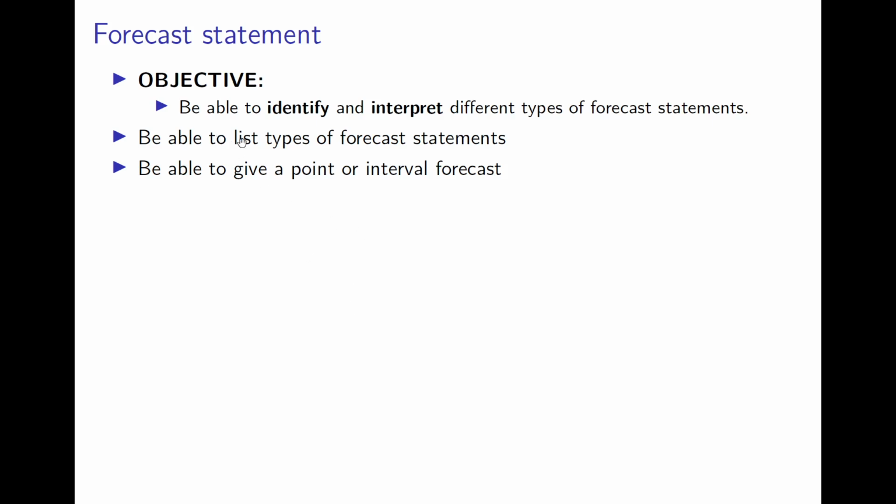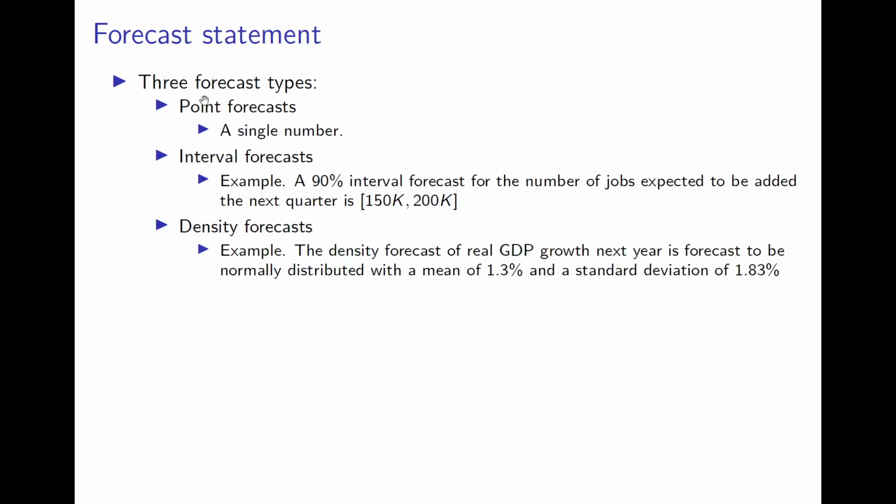So quickly we'll go through a few different types of forecast statements. The main ideas here are really just point and interval forecasts. Now I'm going to show you a couple of oddballs that are sort of compound forecasts, but fundamentally we should be able to boil everything down to these forecast types.